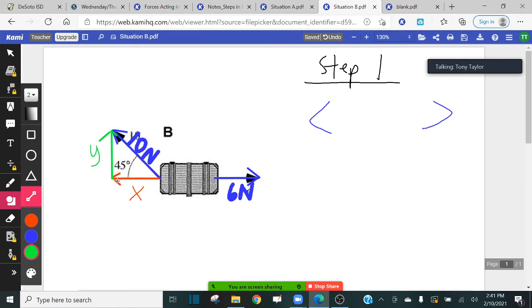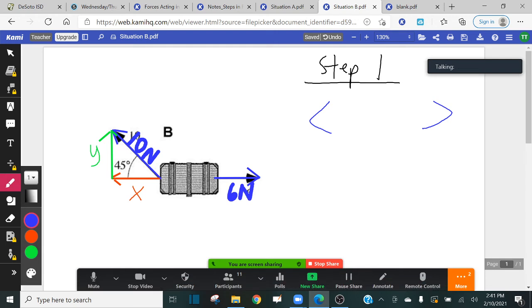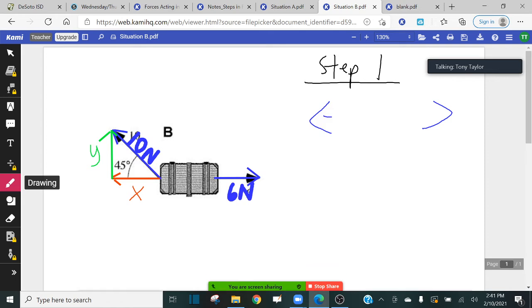If my x component is pulling toward the left, is that a negative or a positive value? Negative, yeah. So it's negative 7.07 for x. What about my y component? If that's pulling up, is that negative or positive?